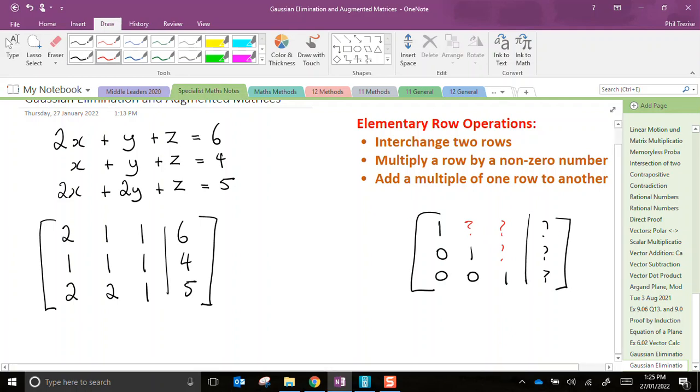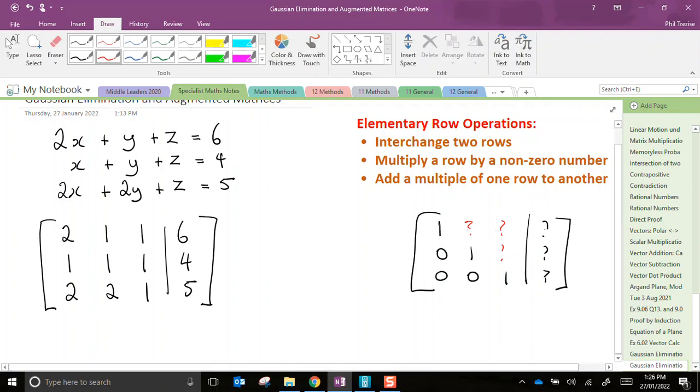If we could get to this point, we could read the value of Z directly from the third row. Then we could back substitute that value to there and calculate the value of Y. And then we could back substitute both our Y and Z and calculate the value of X. So it's not too bad a place to be at.